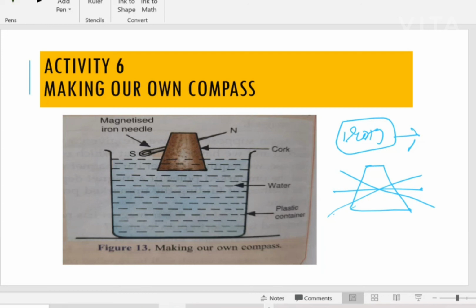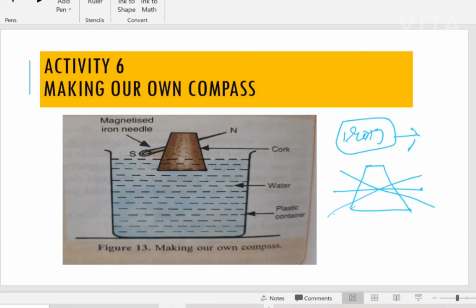Only one precaution you have to take care of: the magnetized iron needle should not touch the water level. If it touches the water level, it will not show its property. Always it should float above the level of water without touching the water.